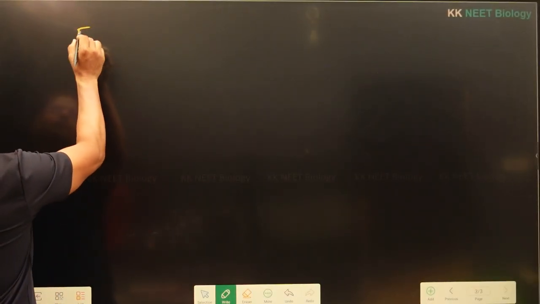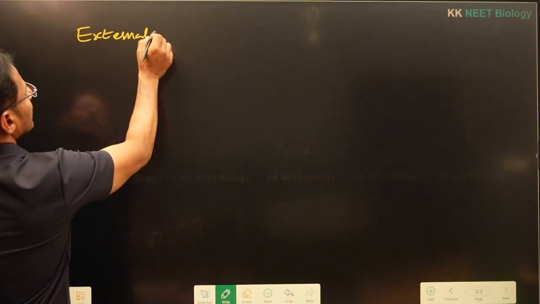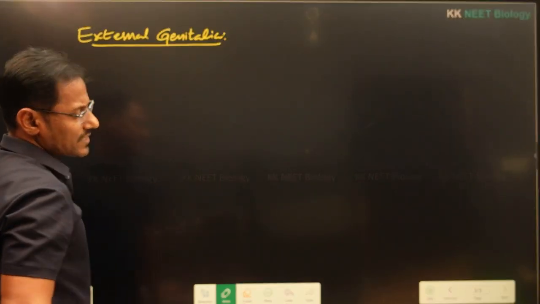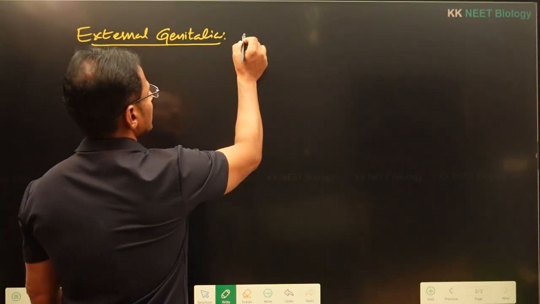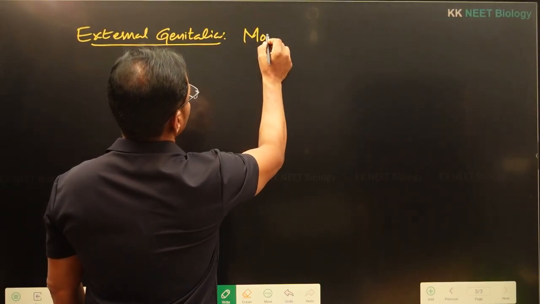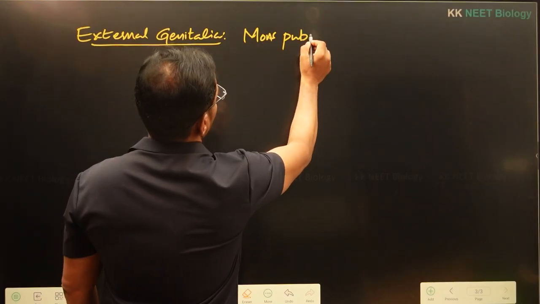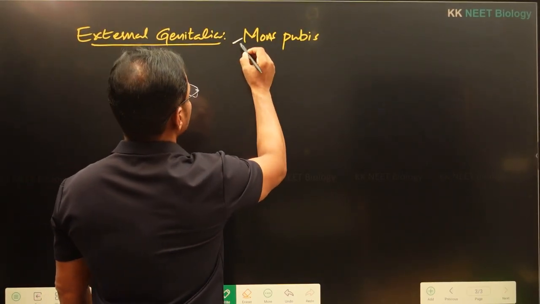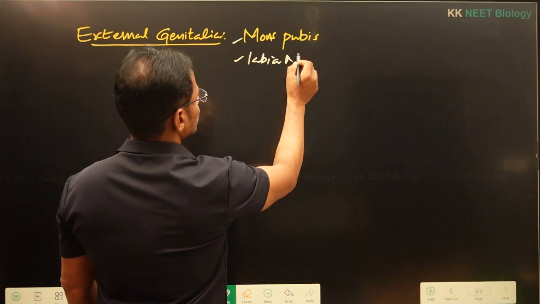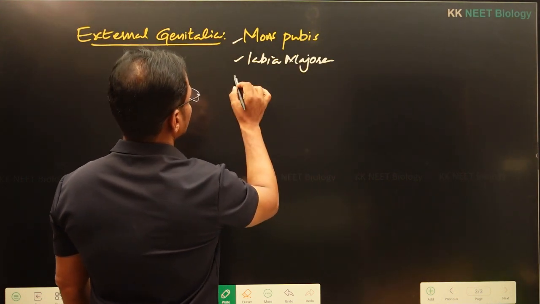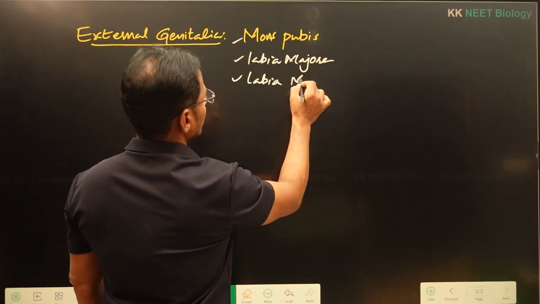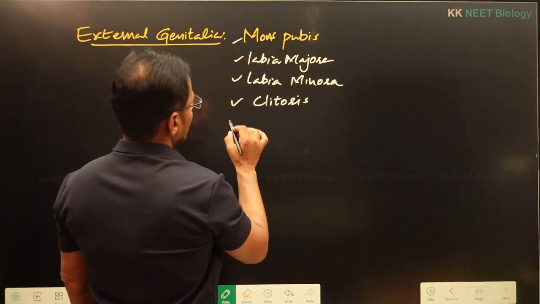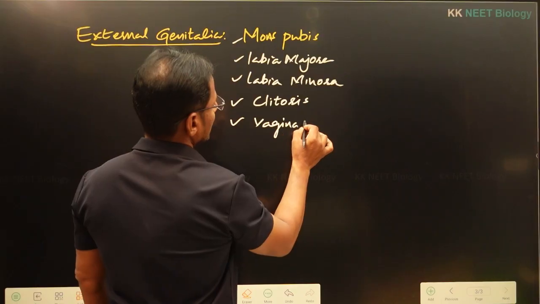The external genitalia generally have the mons pubis, labia majora, labia minora, clitoris, and the vaginal orifice.